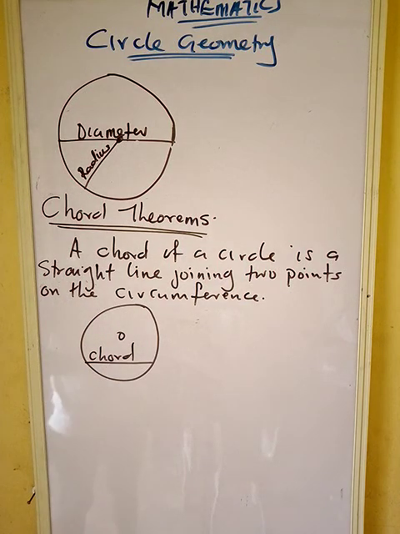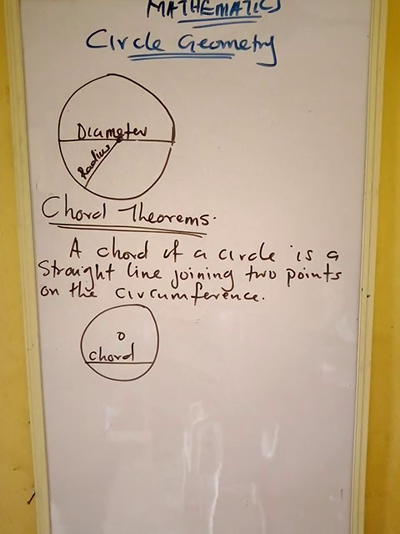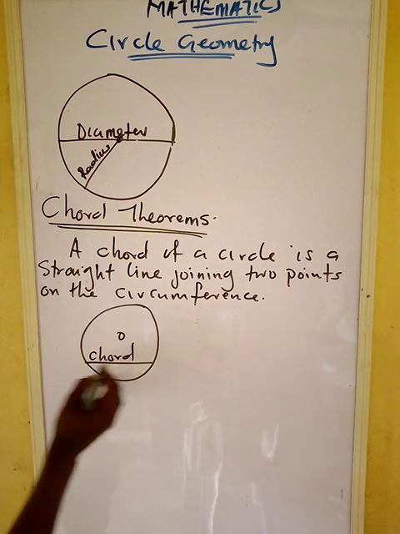So let's look at what we call a chord. A chord is a line dividing the circle into two different sides. Divide the circle into what? Two different sides. So this is what we call a chord.